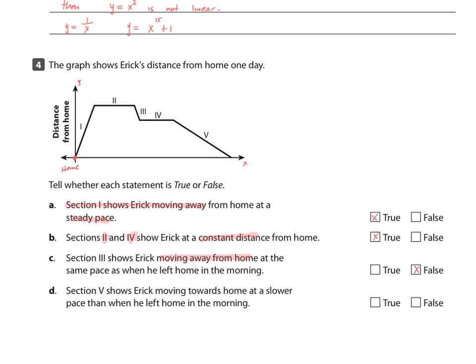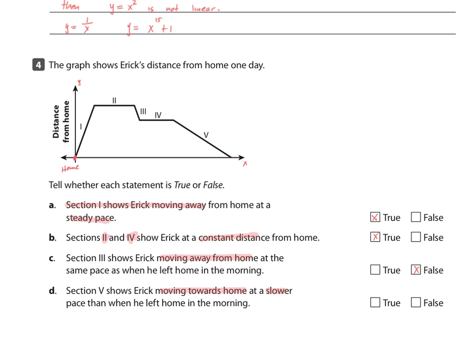And the last statement says section 5 shows Eric moving towards home at a slower pace than when he left home in the morning. So we're talking about him moving towards home slower. If you look at the inclination, the steepness of the line, this is a little more horizontal.